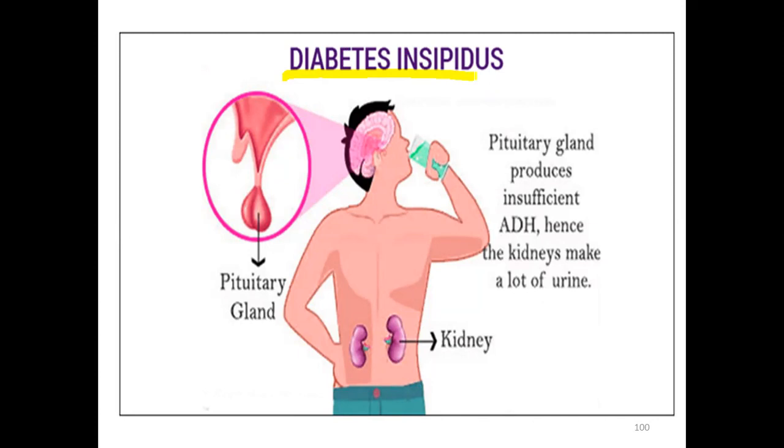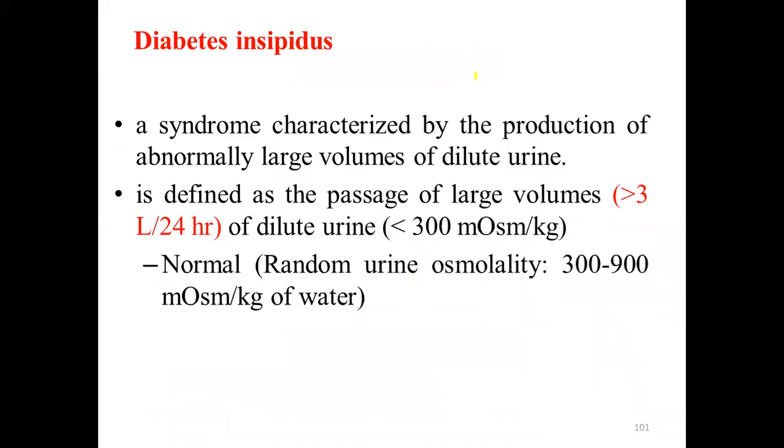When a patient is not producing a sufficient level of antidiuretic hormone, which is very important for the absorption of water in the collecting tubule, the person will produce a lot of urine. We call it polyuria. So today, we're going to see diabetes insipidus.